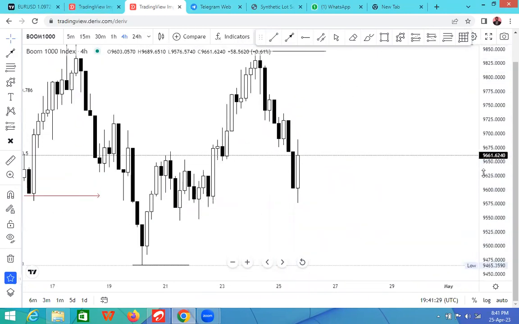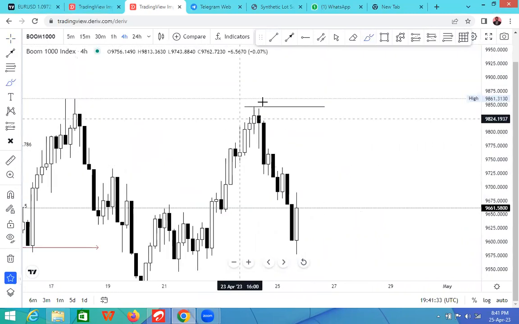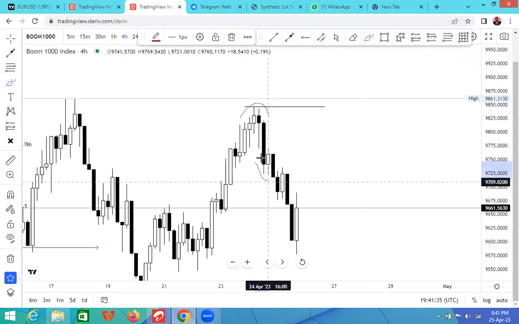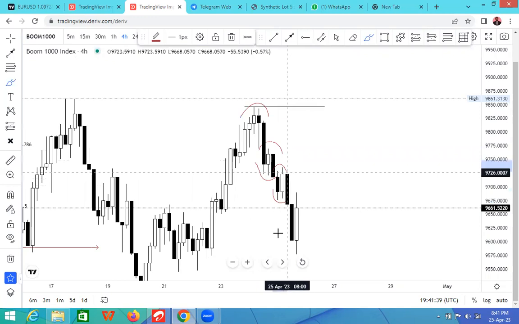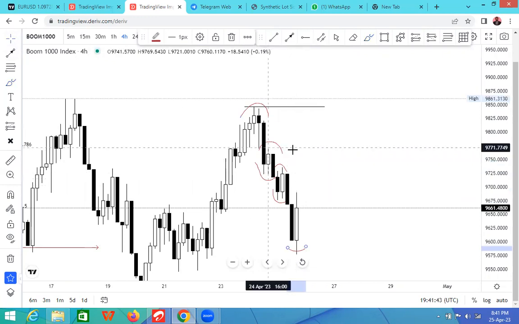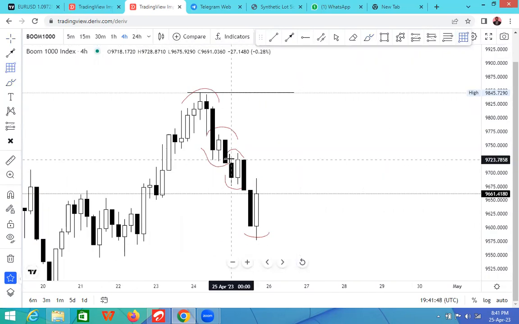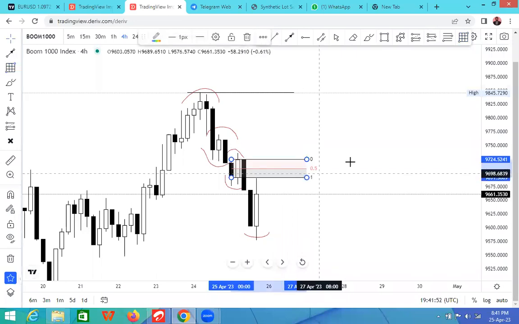But what can you find here? Price is moving: high, low, high, low, in this order, and price started retracing. So immediately price is retracing, what should I be looking at? This is a smart money cube.